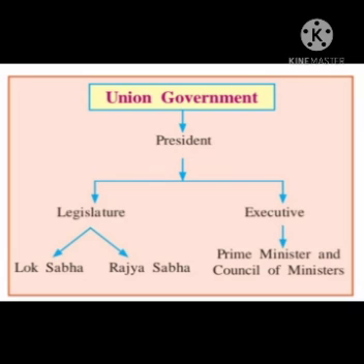The legislature at the national level, that is, at the level of central government, is called the parliament. It consists of the president and the two houses of the parliament, that is, Lok Sabha and Rajya Sabha.